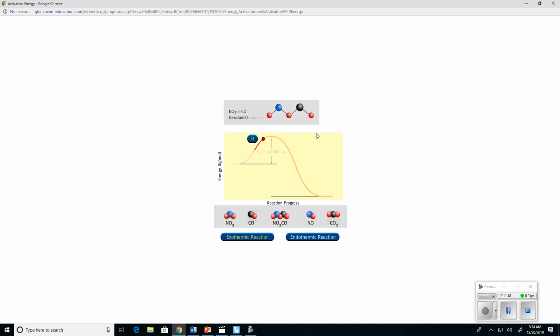When molecules collide, they form an activated complex, which is a temporary species formed by the reactant molecules as a result of the collision before they form products. In this reaction between nitrogen dioxide and carbon monoxide, the activated complex is NO2CO. The activation energy, which is the minimum energy needed to initiate this reaction, is 132 kilojoules per mole.